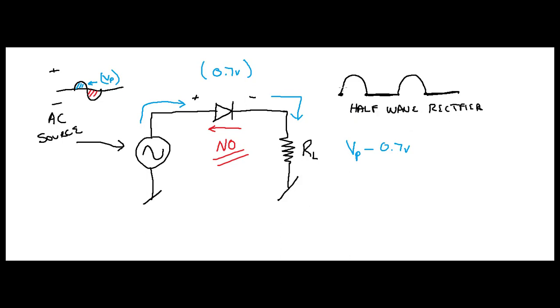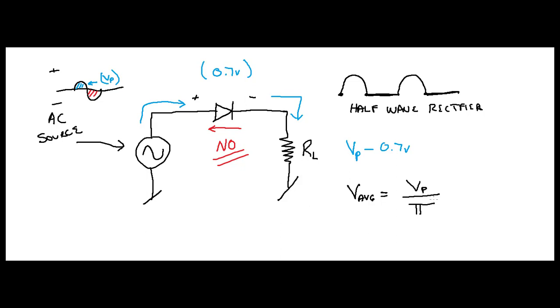Now, there are some useful equations that go along with this. One of them is your average voltage is going to equal VP, which is your peak voltage, divided by pi. All right?